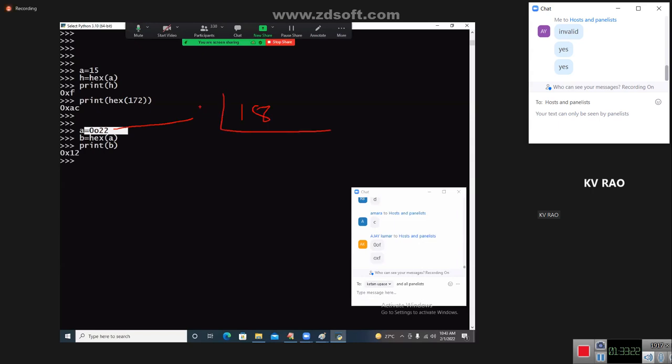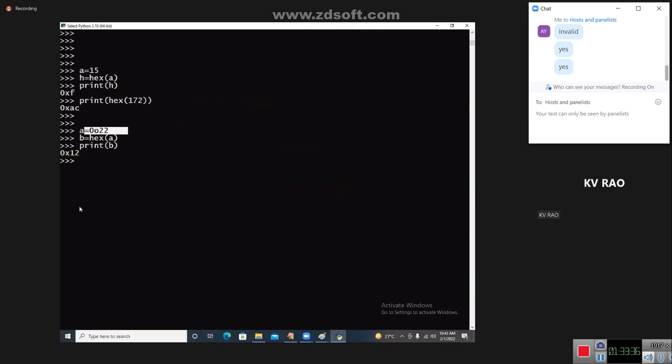I am converting this into hexa. 16 times 1 is 16, and 2 is 2, and 16 to the power 0 is 1. This answer is called what? 0x12 is the answer. So simple.